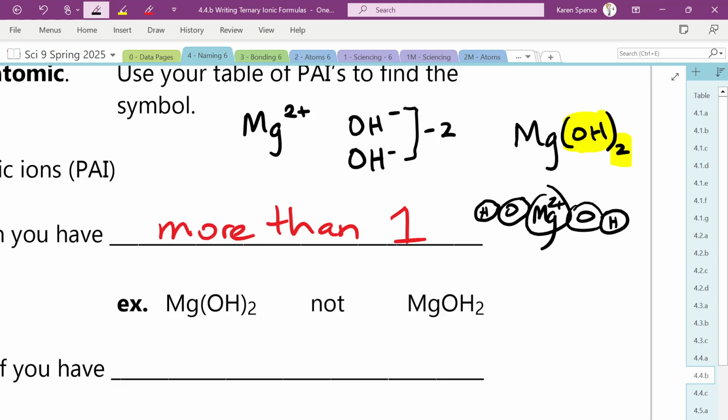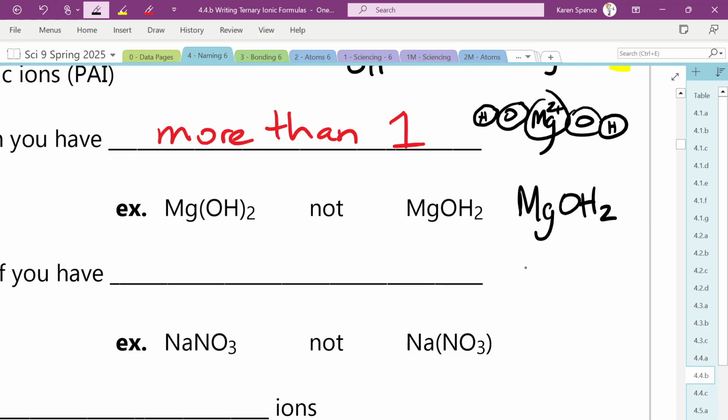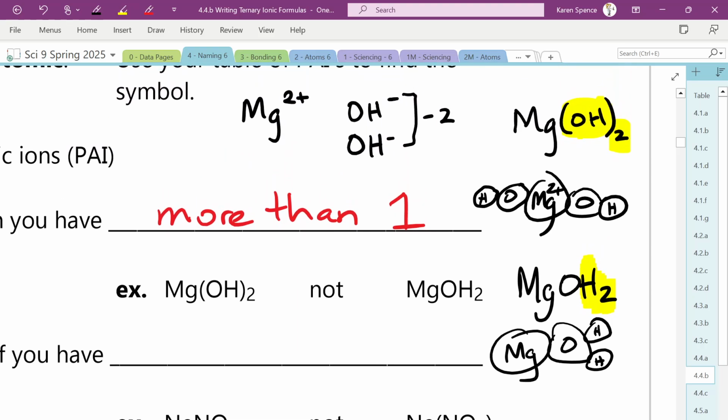But if I write MgOH2, that means I have one Mg. I've got one O because the O doesn't have a subscript. And I've got 2 H's because this 2 only refers to that one hydrogen.